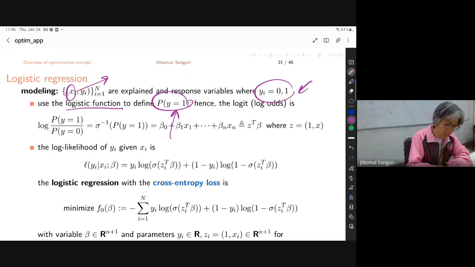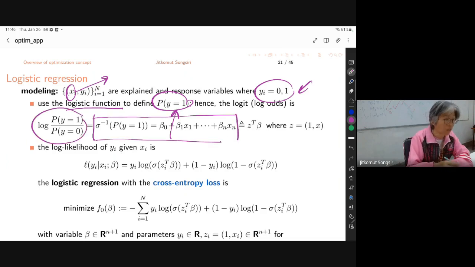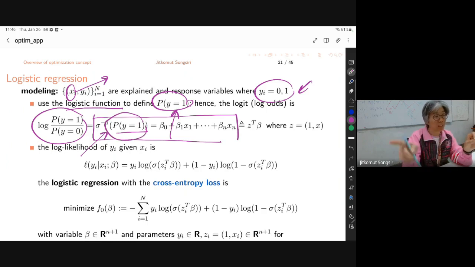So it's basically according to this. This is called the log of odds. It can be shown that it is the sigmoid inverse of the probability of y equals 1. And you associate this with the predictors by linear equations.